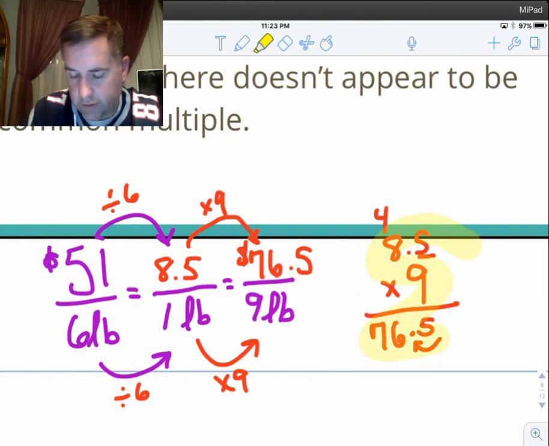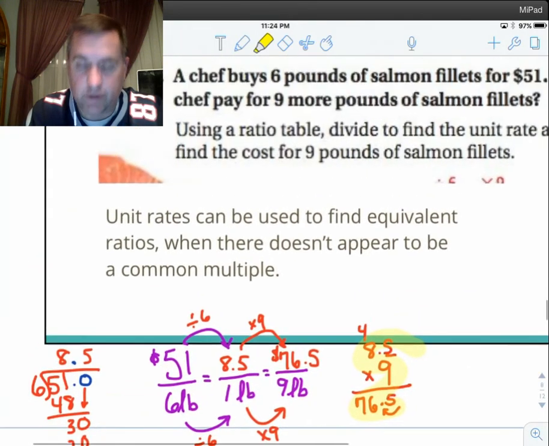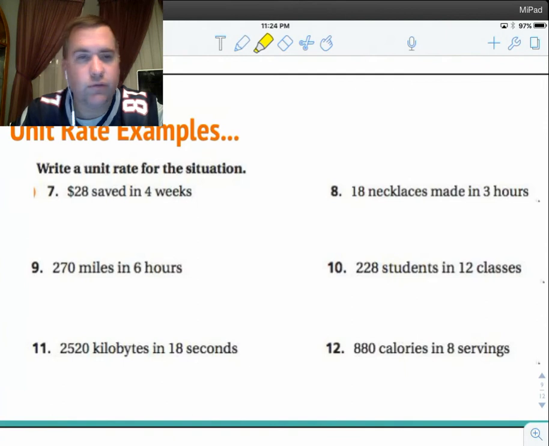So 8.5 times 9 is 76.5. So for those extra 9 pounds, it's going to cost you an additional $76.50 to buy the salmon. Okay, we'll try one or two together of these rate problems or unit rate problems.